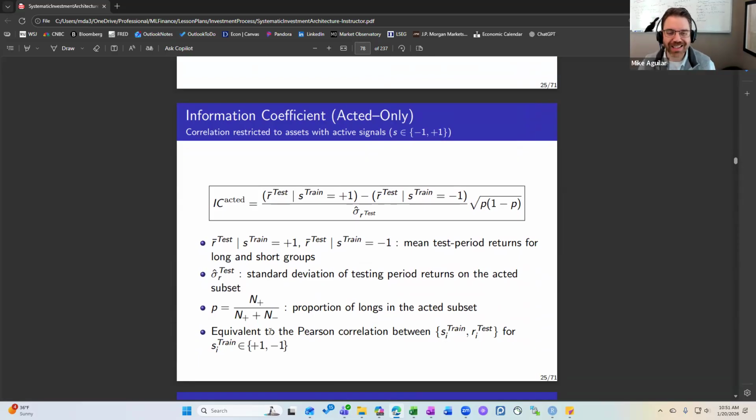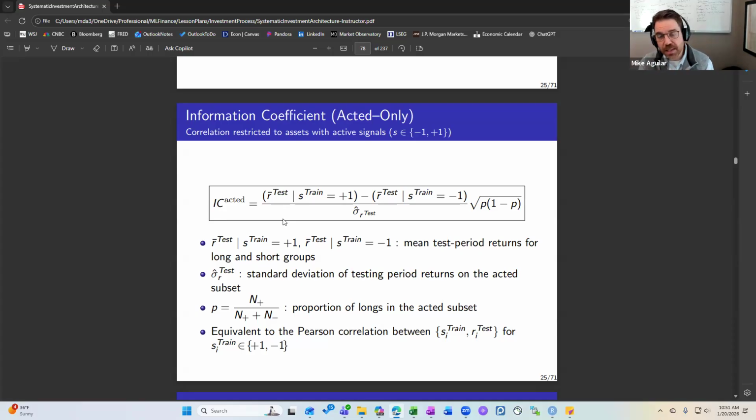It's almost equivalent to the Pearson correlation between the two. If you have enough data, it should be equivalent. So this information coefficient is only for when you took action, long or short. And again, we still want that to be big in absolute terms.